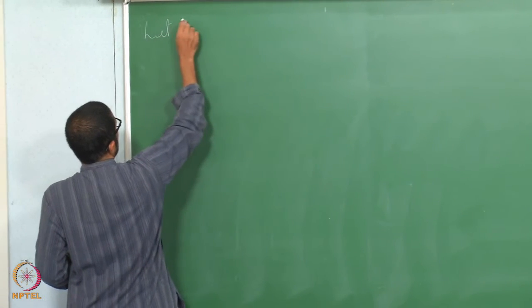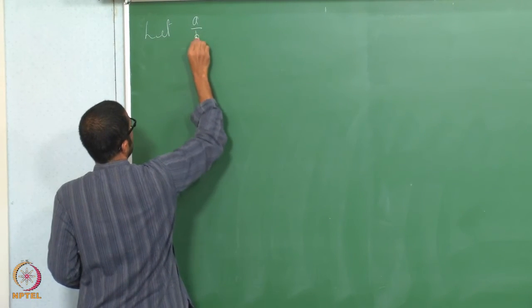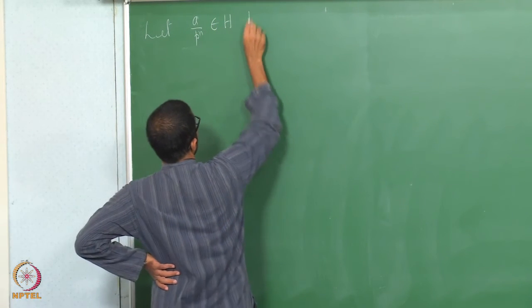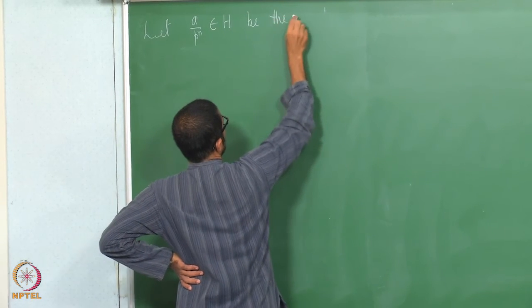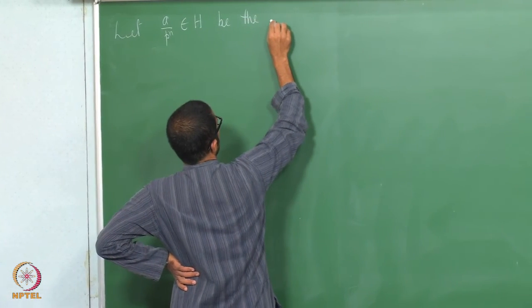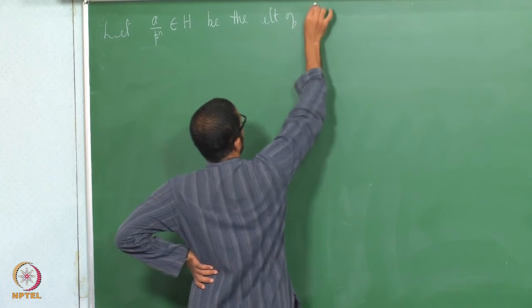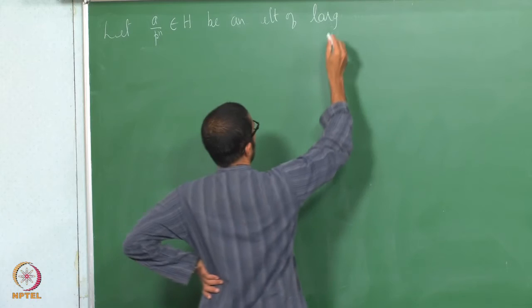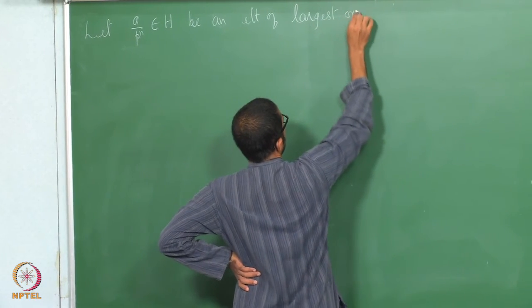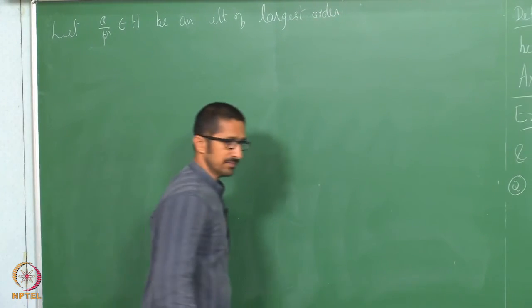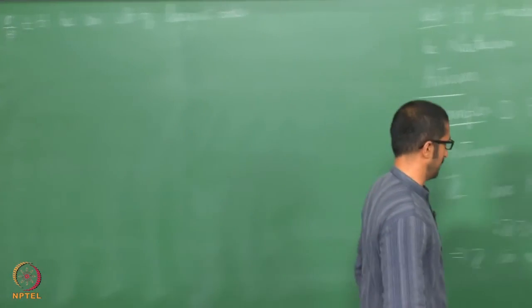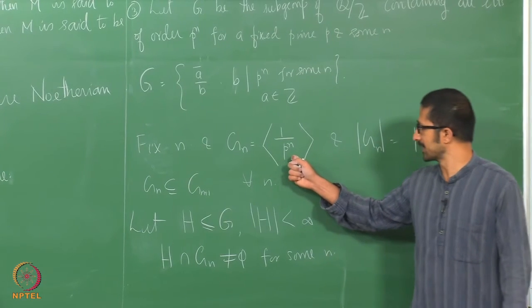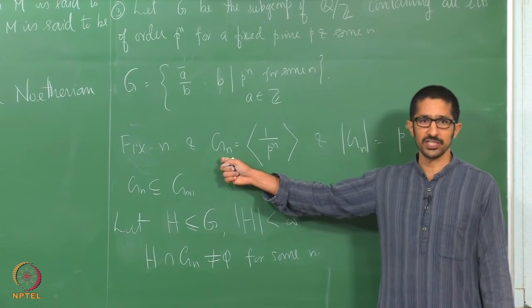So, let a by p power n in H be the element of largest order. There could be many. See, for example, this is not the only generator of G n, right.